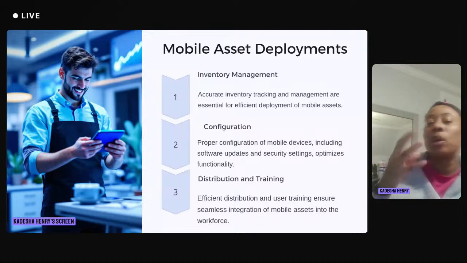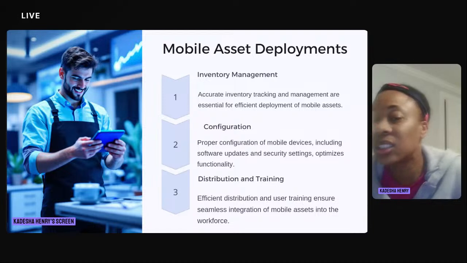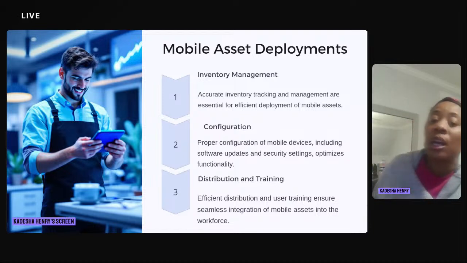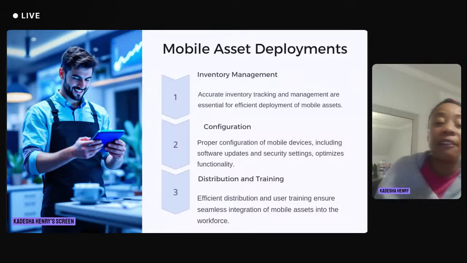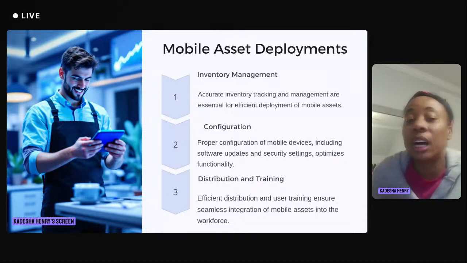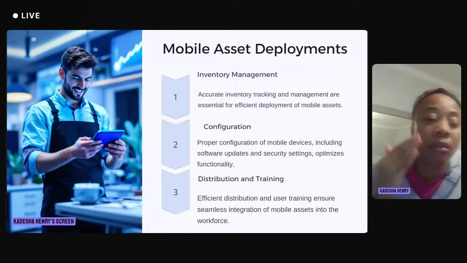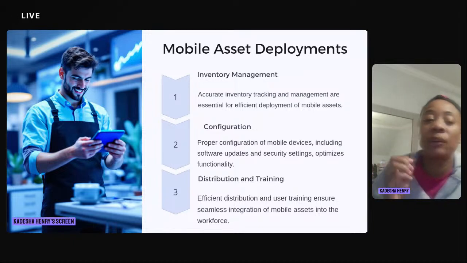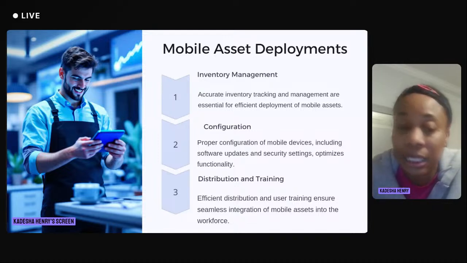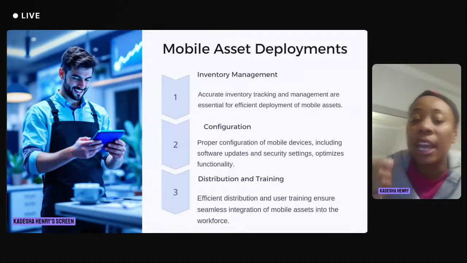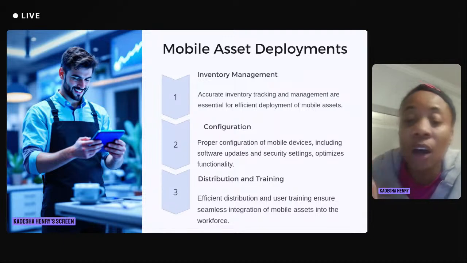And we said before we deploy these mobile assets to the employees, we have to make proper configuration of the mobile device. We have to have automatic software updates. We cannot rely on the employee to do updates. So we have to have systems and procedures and an automated system in place that will update the software, right?